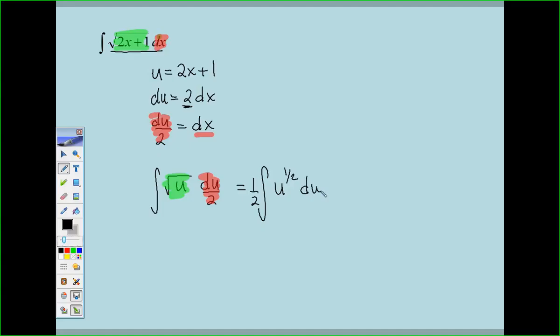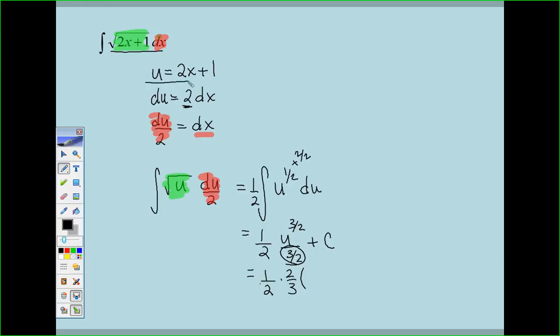So we have 1/2. Now we're finding the antiderivative, so we add 1 and divide by that same power. So we'd have u to the 3/2 divided by 3/2 plus our constant of integration. Now dividing by 3/2 is the same as multiplying by 2/3. And now we're going to replace our u.